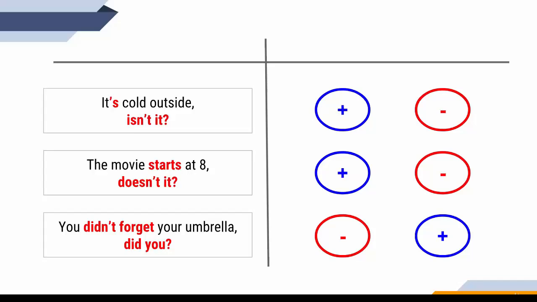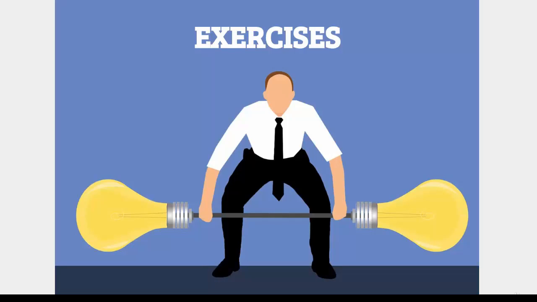You didn't forget, negative past simple, did you? Positive past simple. So in short, when the first part of the sentence is positive, the question tag is negative. When the first part is negative, the question tag is positive. That's it. And you keep the tense. Of course, you do already need to know the tenses in English. Let's practice. PDF attached. We are checking the exercises now.